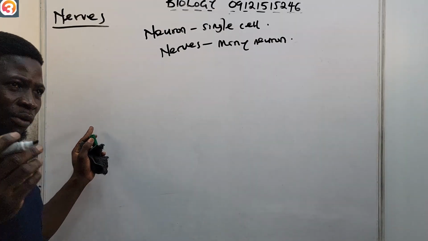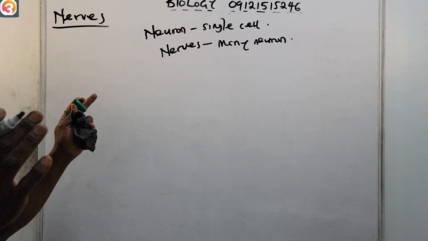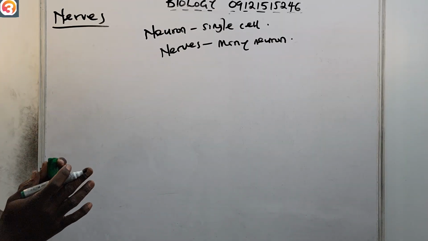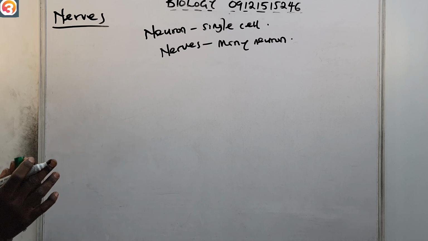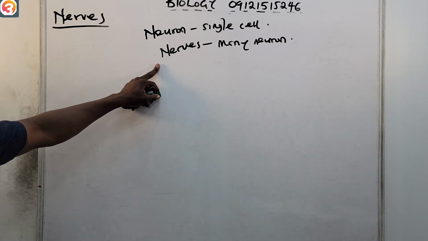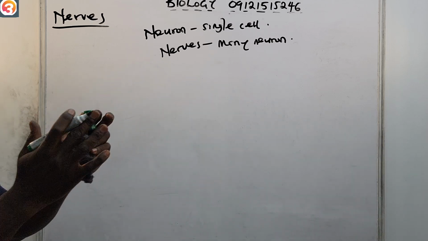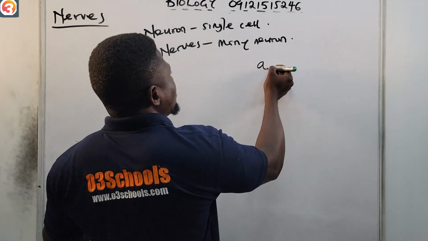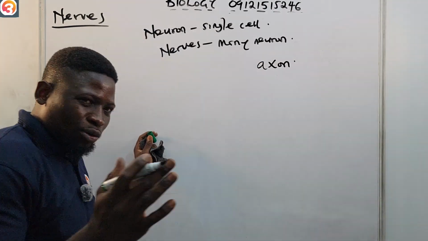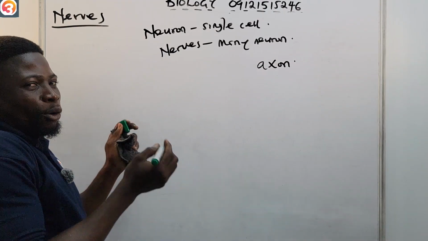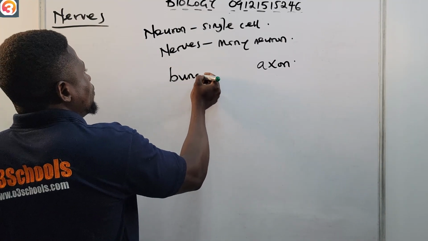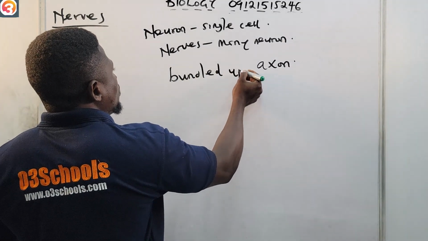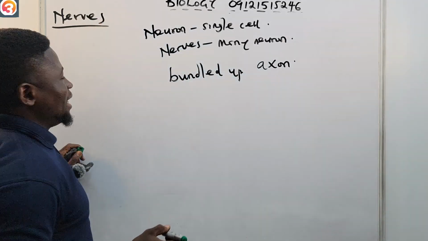As these many neurons are brought together, they are bundled up. So nerves are made up of many neurons where the axons are brought together and bundled up, and that is what gives us nerves.